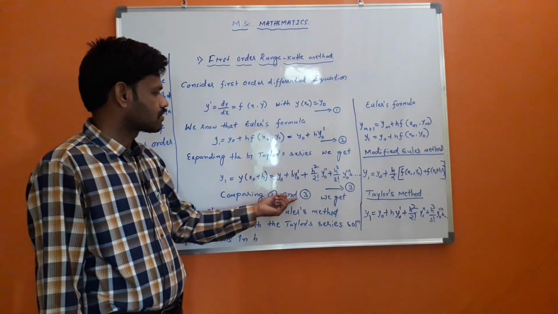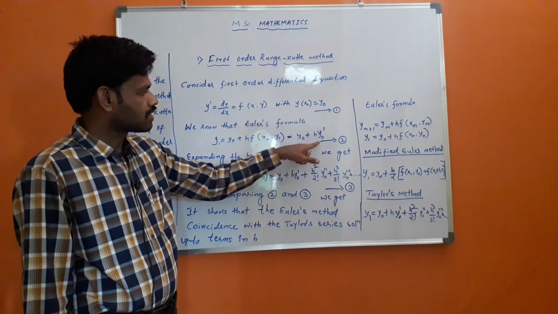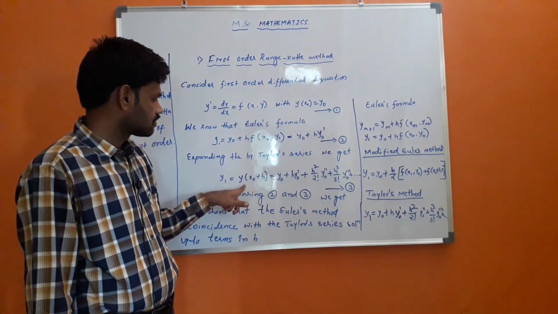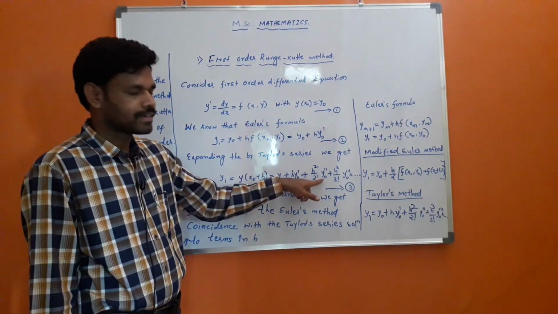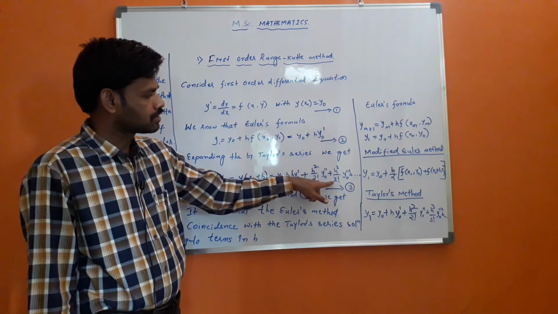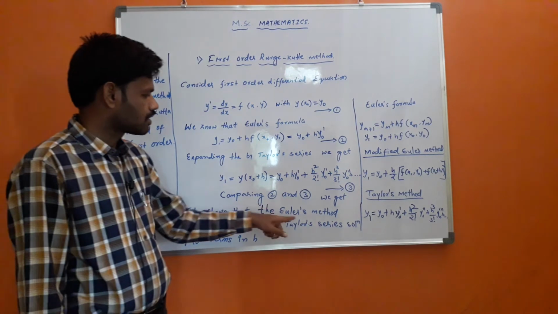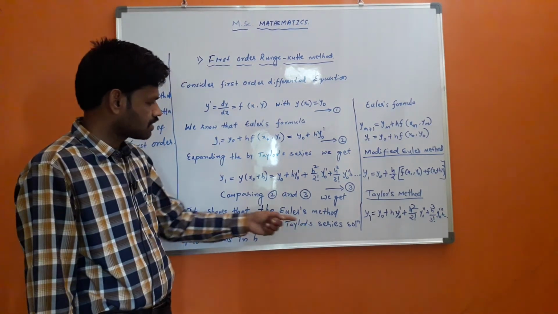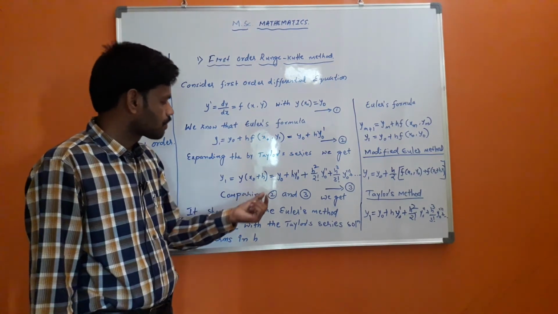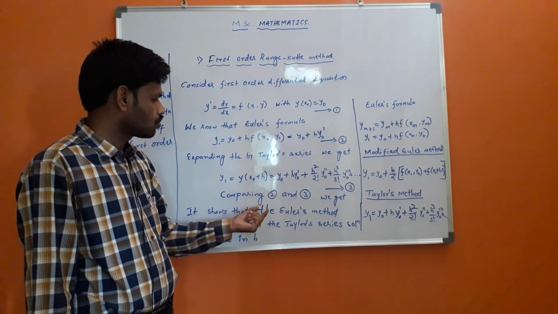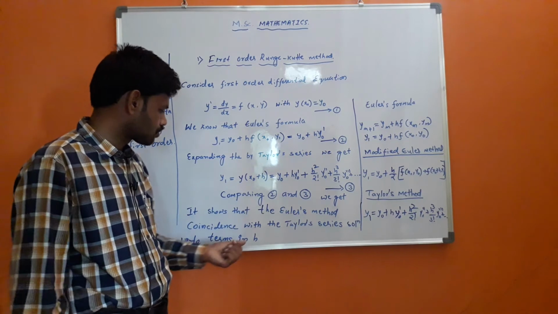Comparing equations 2 and 3, it shows that Euler's method coincides with the Taylor series solution up to the terms in h.